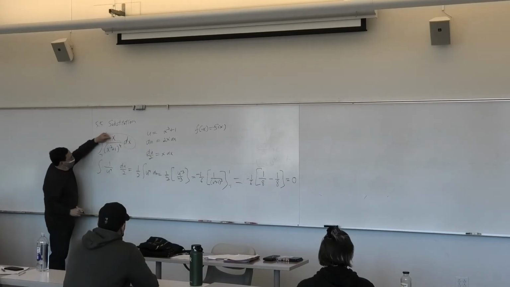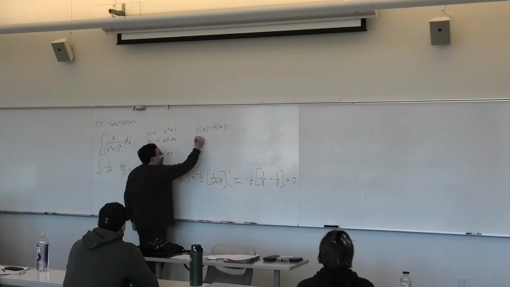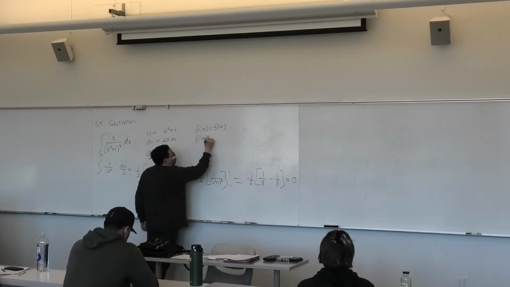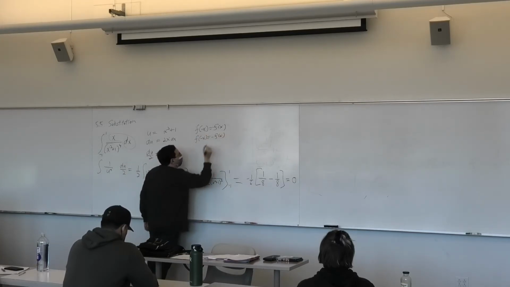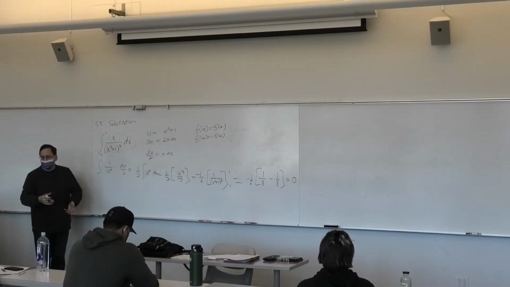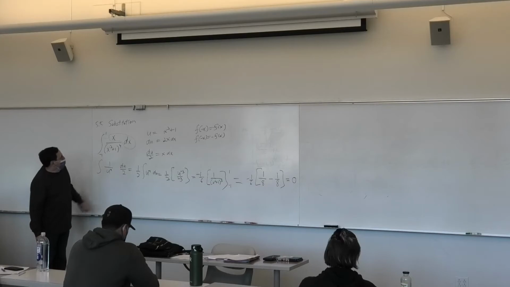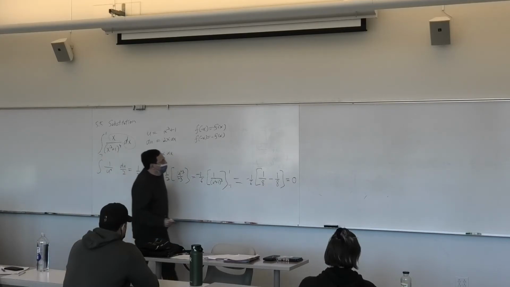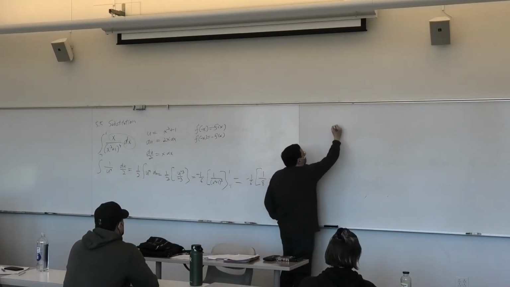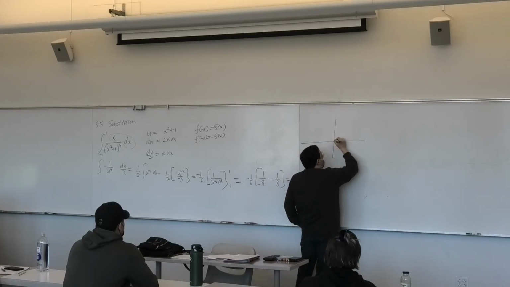But here we've got an x on top. That's an odd function. F of negative x equals negative f of x. And an odd function divided by an even function is an odd function. So we have an odd function here. And I don't mean peculiar, I mean that it's symmetric around the origin.